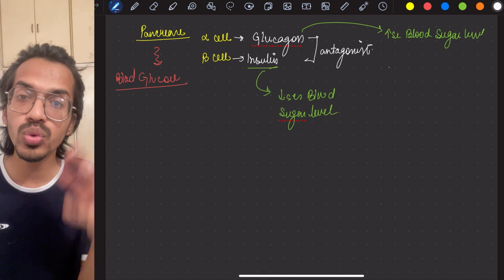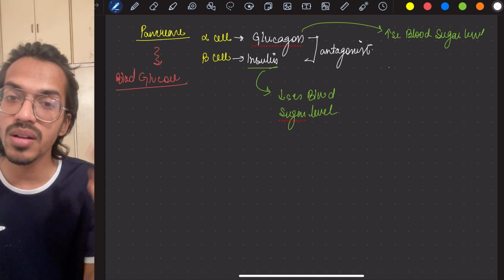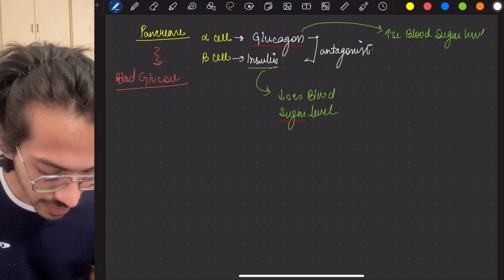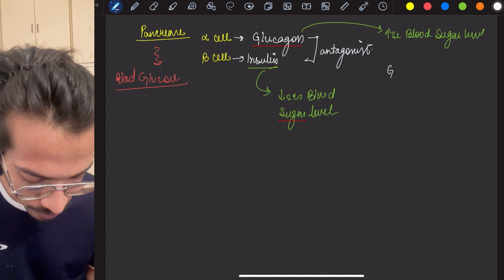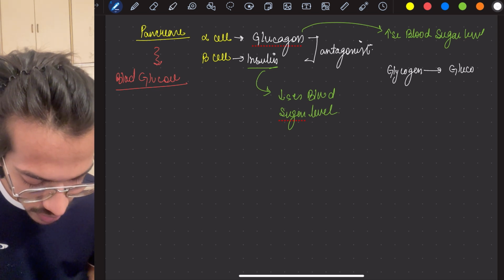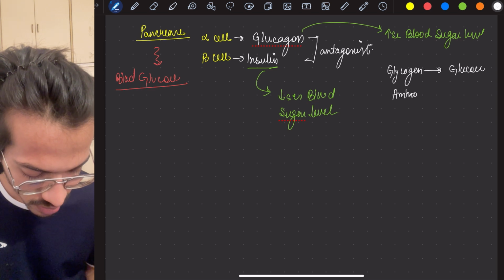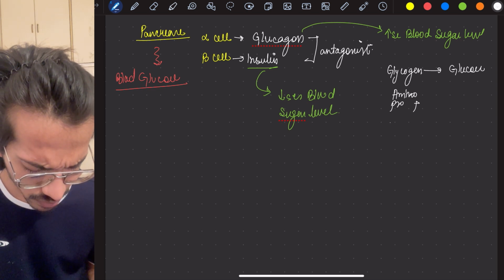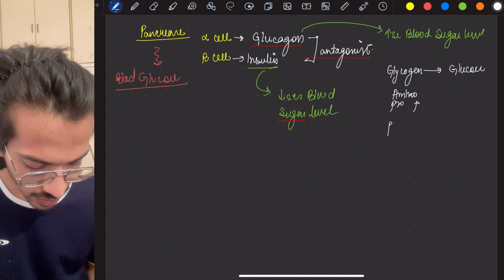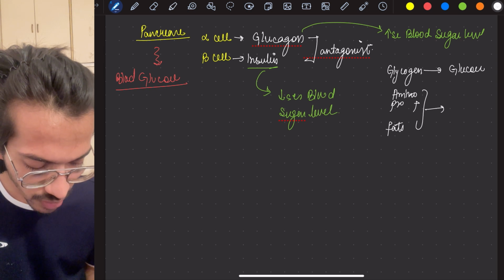Second, it will do the process in which it increases glucose. How can glucose be increased? If glycogen is broken down into glucose, and if other substances like amino acids, meaning your proteins, plus your fats are used to make glucose.